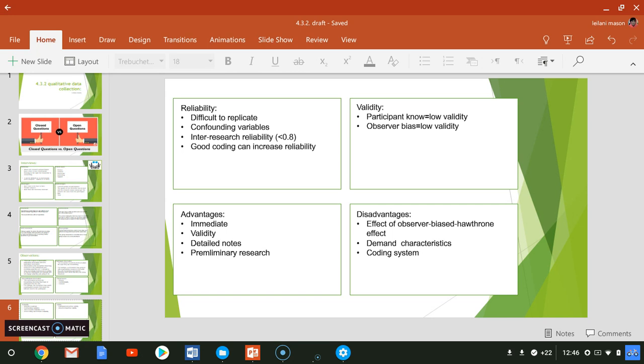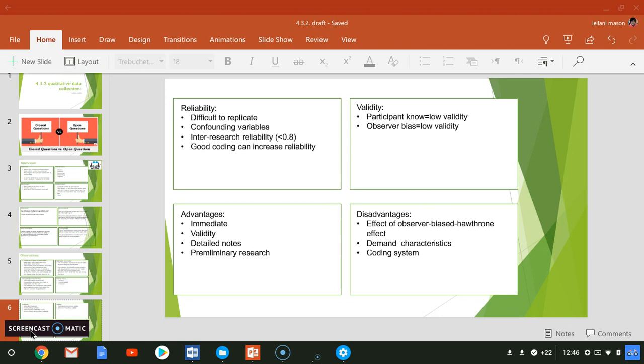There's also a lot of detailed notes because they're writing down everything they see, and then there is further research. So this means that the researcher identifies the behaviours and further researches their topic. So it gives them more validity and more answers they need.